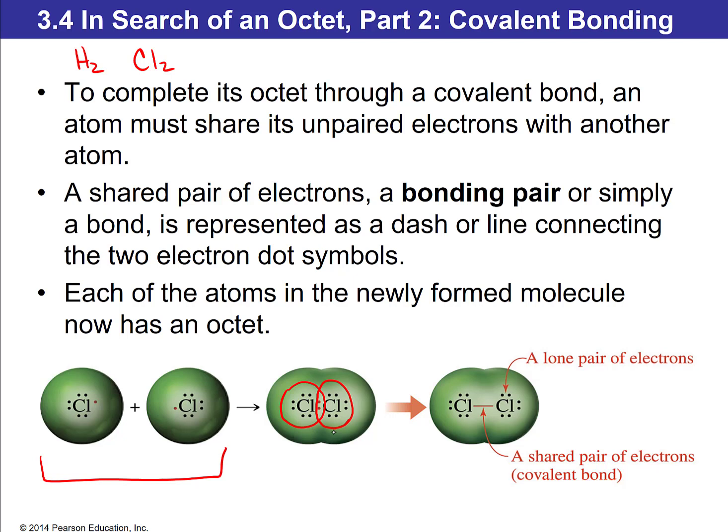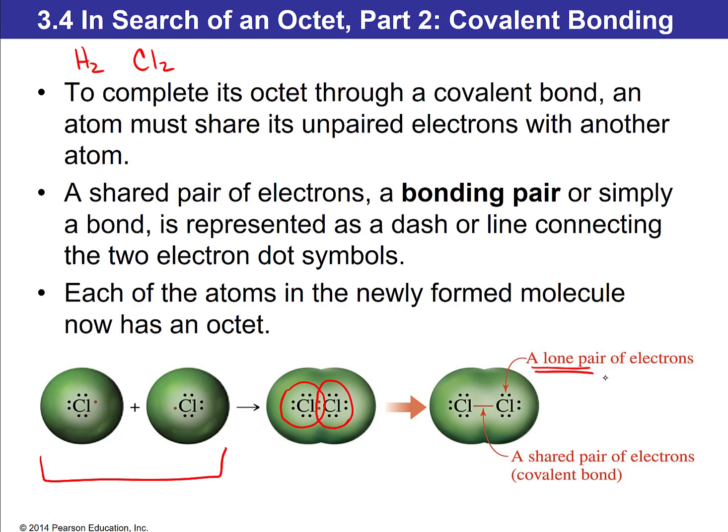Now, just note, the 6 electrons that belong to the individual chlorines are not in the middle. They do not get shared. They belong to each chlorine. So in that overlapping, not all the electrons go back and forth, just the shared ones.